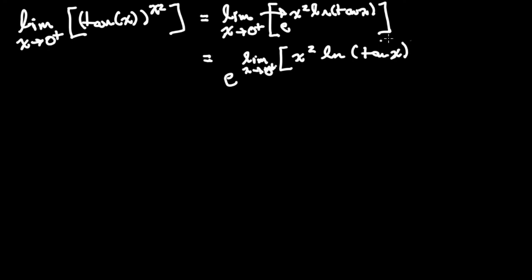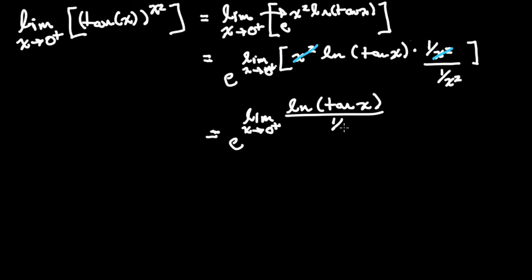So let's multiply this by 1 over x squared, and then end up having a 1 over x squared in our denominator. And so this now equals e to the limit of ln tan x over 1 over x squared. And this is, of course, all in brackets.